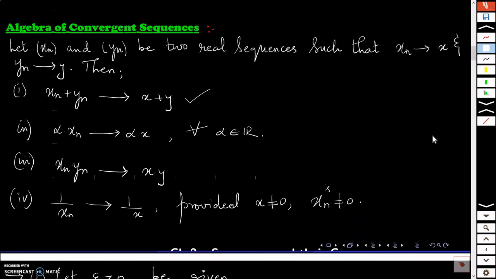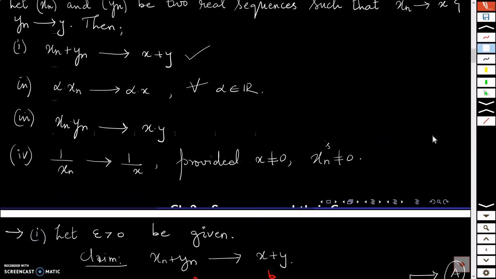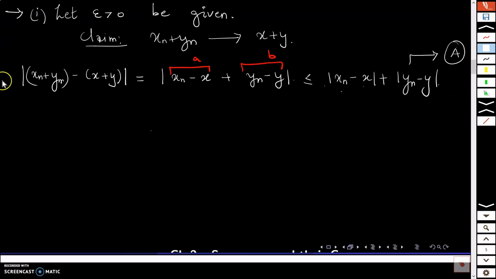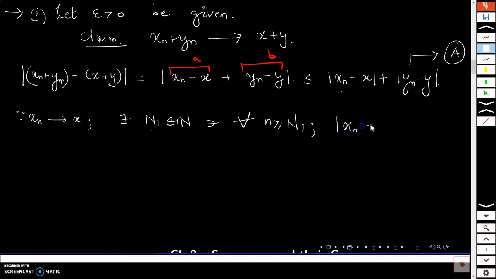We are given that xn converges to x and yn converges to y, right? So since xn converges to x, there exists a natural number n1 such that for all n bigger than or equal to this n1, modulus of xn minus x will be less than epsilon, because xn converges to x, right?